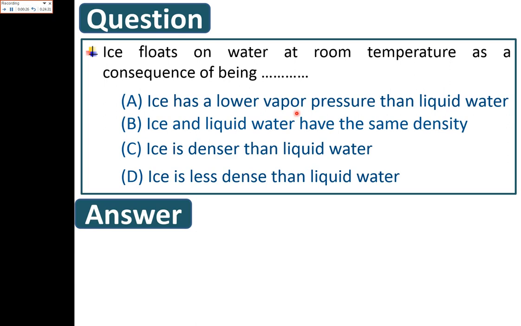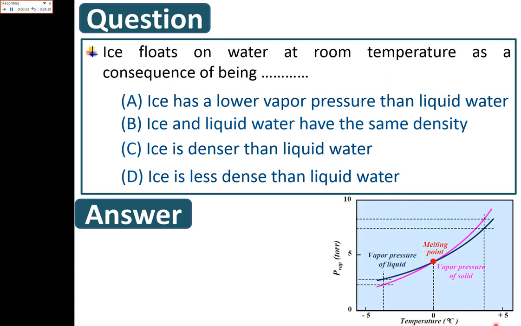You remember in the chapter of liquids and solids, when we described this figure, the relationship between vapor pressure and temperature, we said that at temperatures higher than, for water, of course, 0 degrees Celsius, the vapor pressure of the solid will be higher than the vapor pressure of the liquid.